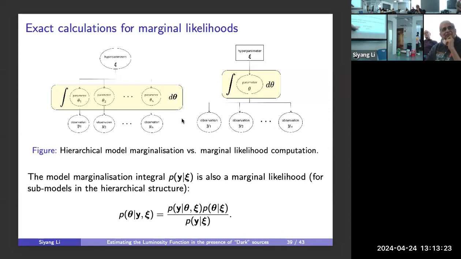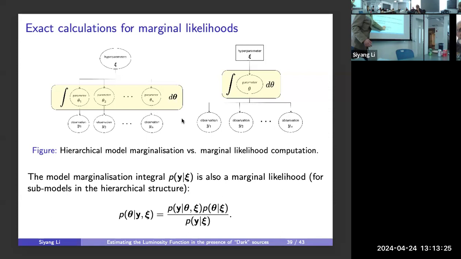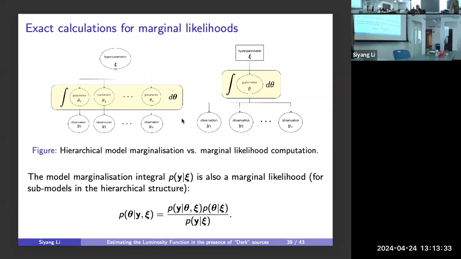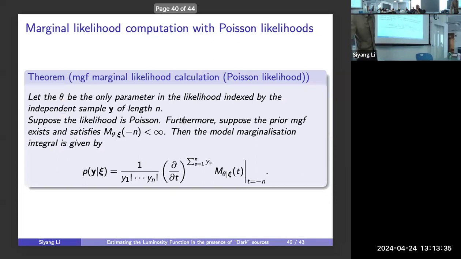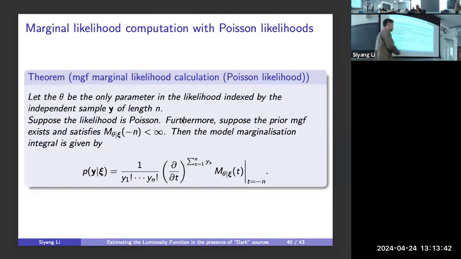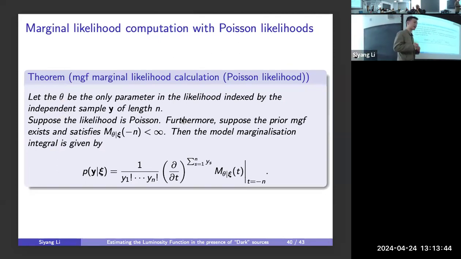That model marginalization integral becomes the denominator at the bottom of the Bayesian formula. And so we can derive very similar results for the calculation of marginal likelihoods on the Poisson likelihoods.